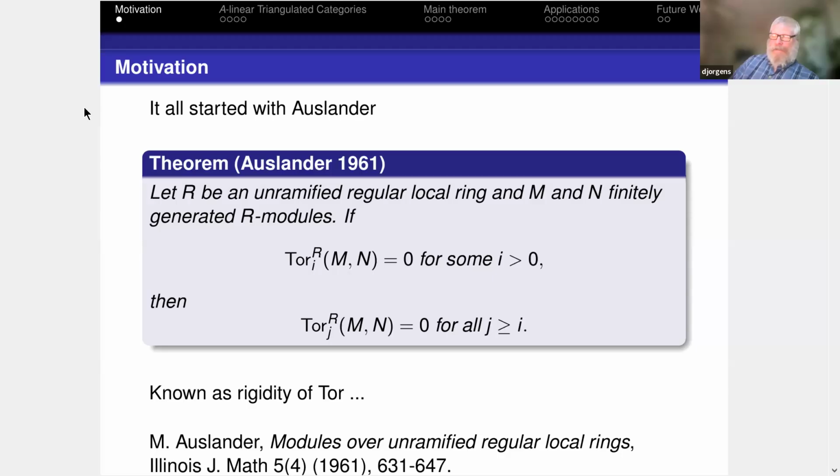And why Tor, why not Ext? There are questions about vanishing of Ext over regular rings or complete intersections, and basically that's the starting point. So you're wondering what does this have to do with triangulated categories? Well, this really is the starting point.